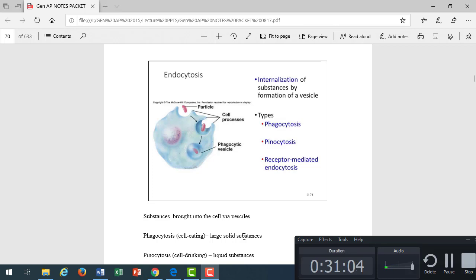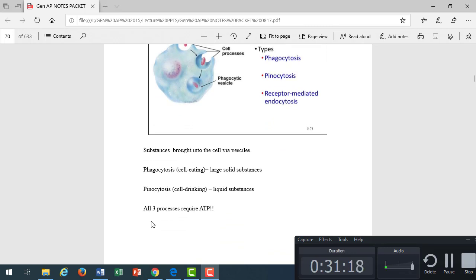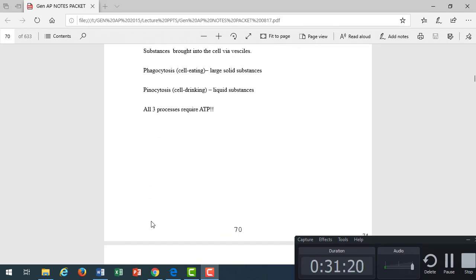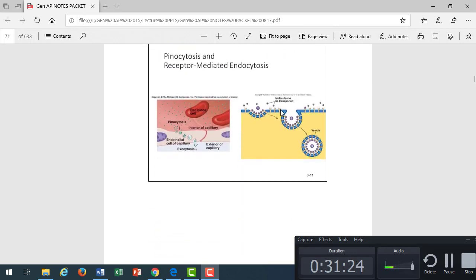That is called pinocytosis, which is cell drinking. So phago means solid, so think of chewing, and pino is drinking. All of them are examples of endocytosis, and they all require ATP. Receptor-mediated just means there has to be a receptor before it takes it in. So here it binds to the receptor, then it takes it into the cell in the form of a vesicle.